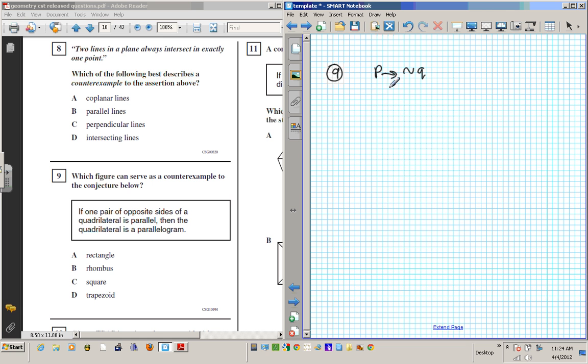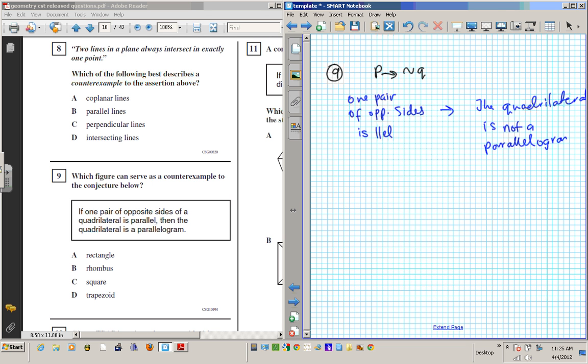So a counterexample will be P, the hypothesis, one pair of opposite sides is parallel, implying that the quadrilateral is not a parallelogram.